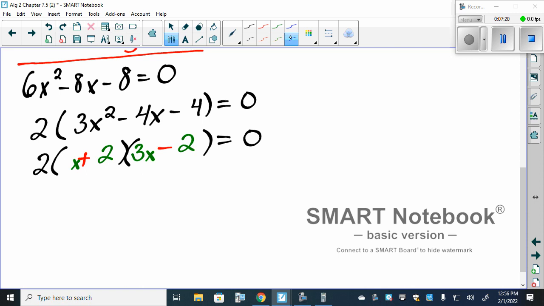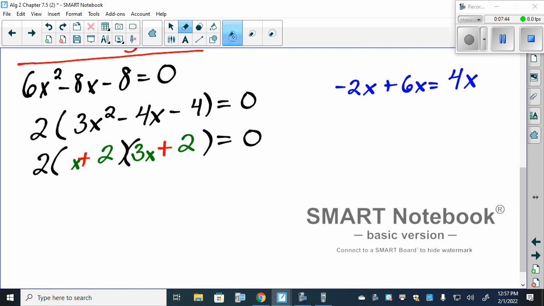Now if we check this here, x times negative 2 is negative 2x. 2 times positive 3x is plus 6x. And negative 2x plus 6x is a positive 4x. Is that the middle term that we wanted? Well, no, we need it to be negative, not positive. So what we can do is change the signs, flip the signs.